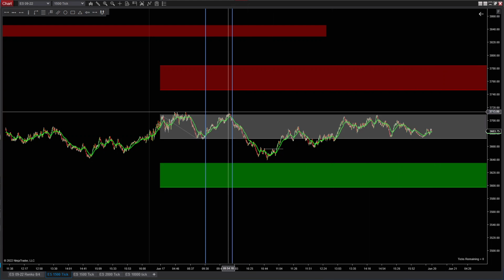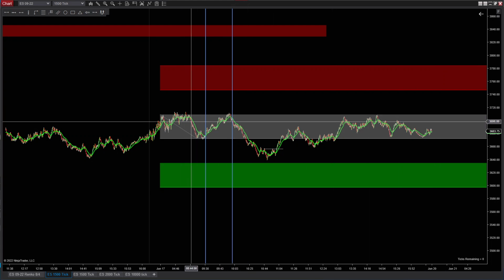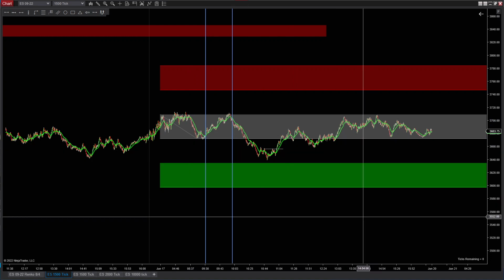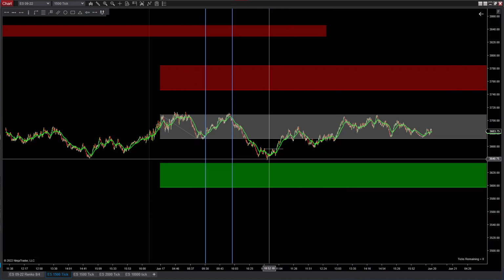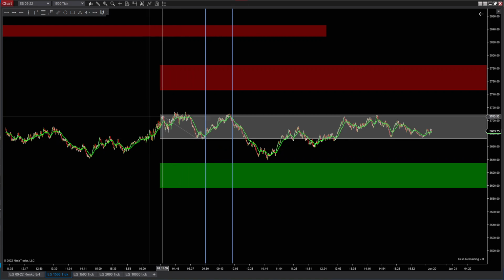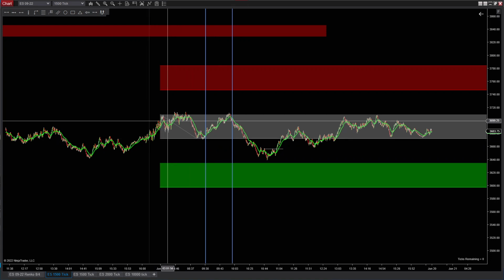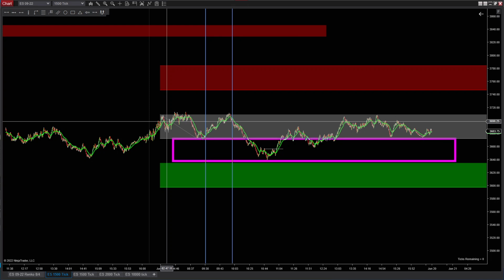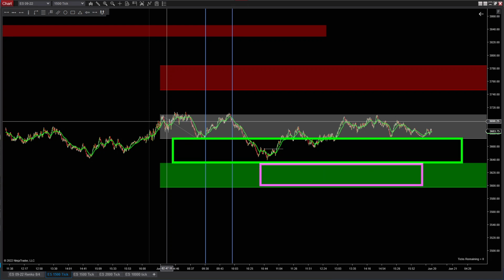So yeah, the range day worked pretty well on this Friday, and we were looking for longs in this area here. Let me paint it with a box here. So this area here is where we're looking for longs.